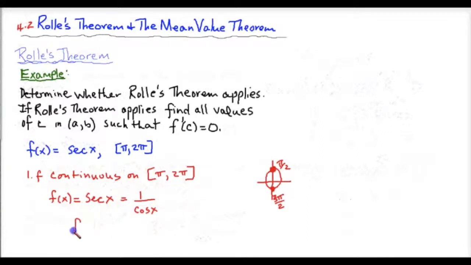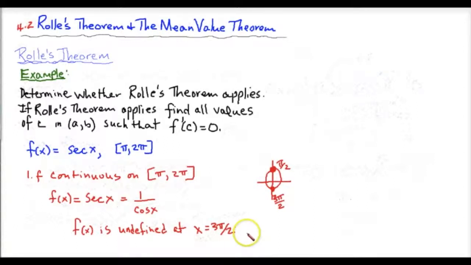I know that f of x is undefined at x equals 3 pi over 2. Well, if the function is undefined there, then that means that the function cannot be continuous there.